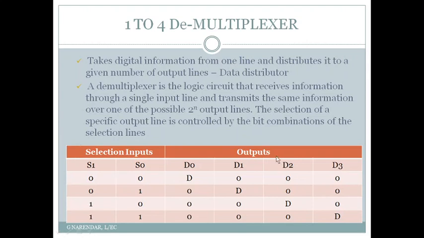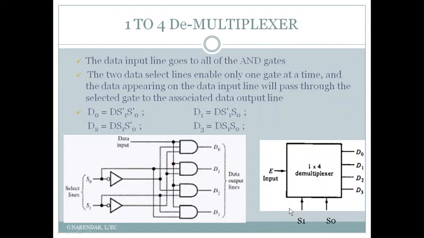Similarly, the Boolean expression for D2: you can see that D2 equals D only when S1 equals 1 and S0 equal to 0. So I can give the expression for D2 output as S1 dot S0 bar dot D. So D2 equal to D dot S1 dot S0 bar.